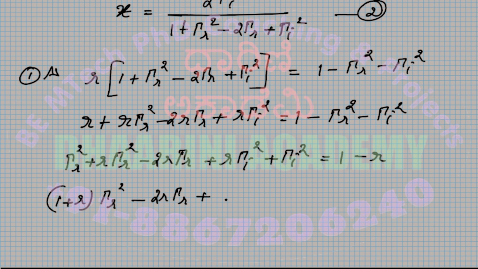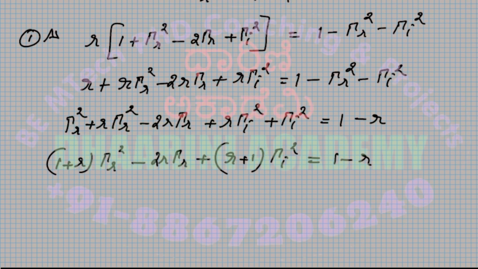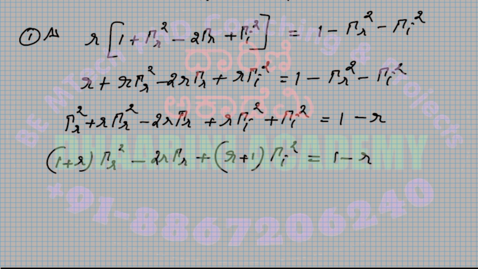Here I can take (r plus 1) into gamma I square equal to 1 minus r. All right, so let me try to modify this now. I'll try to divide everything by 1 plus r.